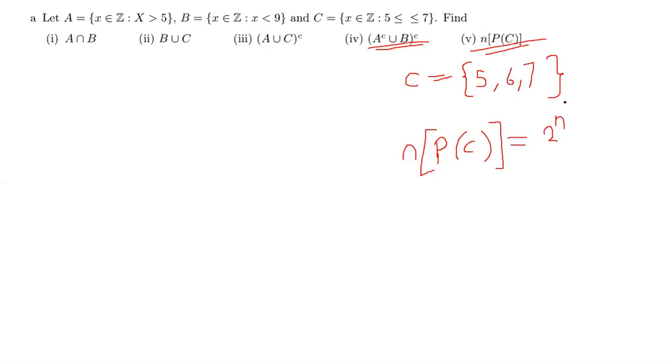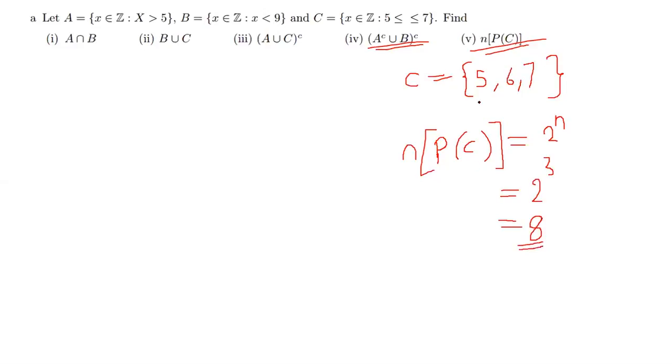This n represents the number of elements in the set. So here we have 3 elements, which implies 2 to the power 3, which gives us 8.